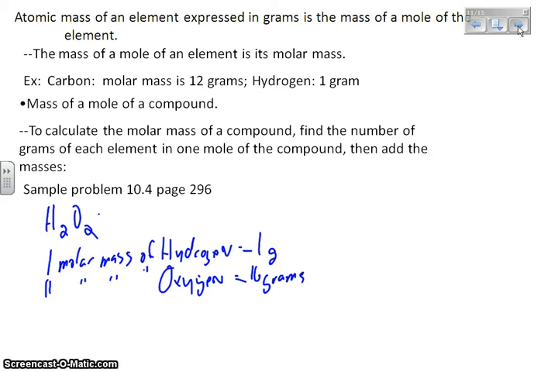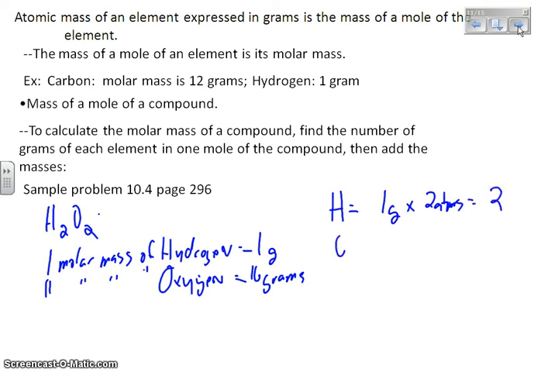Okay? Well, here's all you do. This is very simple. You take each element and multiply the molar mass of 1 atom by the number of atoms. So in H2O2, we have H equals 1 gram multiplied by 2 atoms. So it is 2.